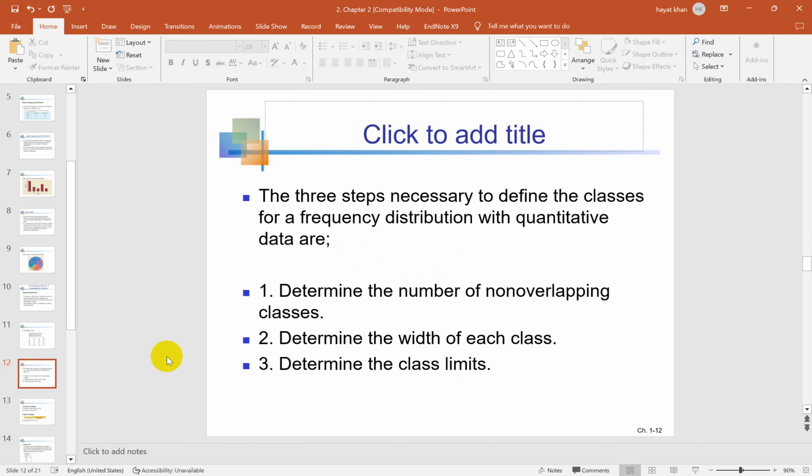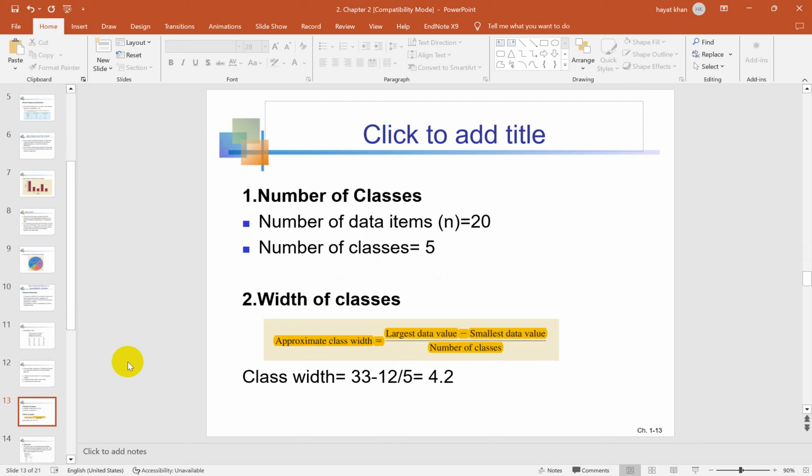Three steps are necessary to define the classes for a frequency distribution with quantitative data: determine the number of non-overlapping classes, determine the width of each class, and determine the class limits. Number of classes: the number of data items, n, is 20, in the data I just showed you, and the number of classes can be 5.